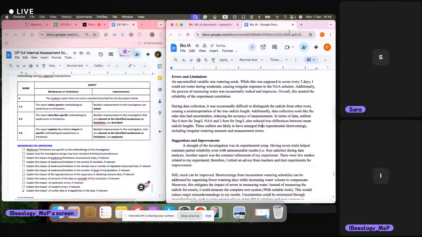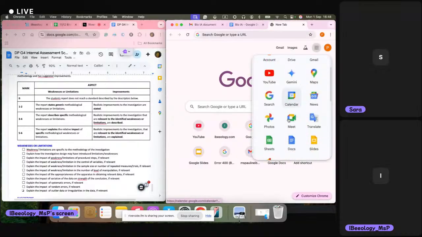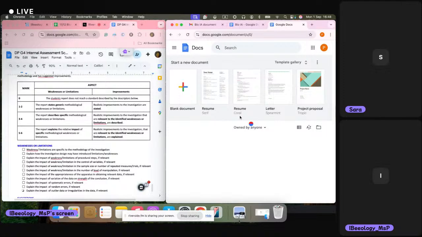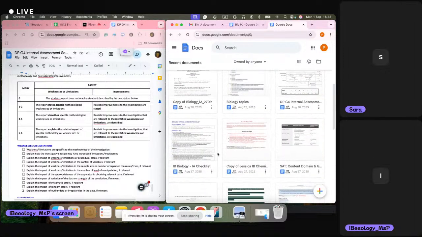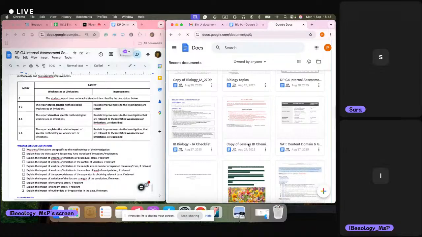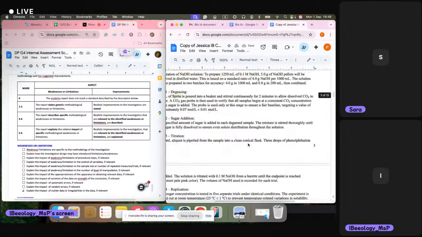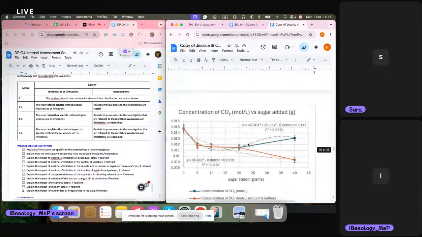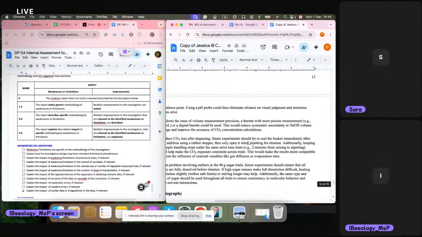You know what? Wait, can you bear with me a second? I will show you something, okay? I sent it to another student. I just have to look for her IA. One moment please. And I will give you a link that you can review of what kind of limitations has happened.